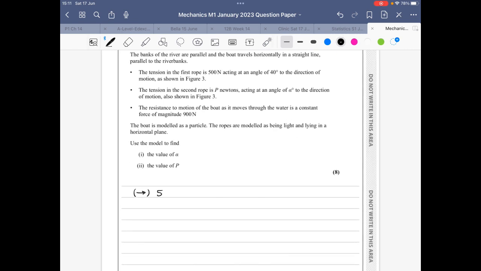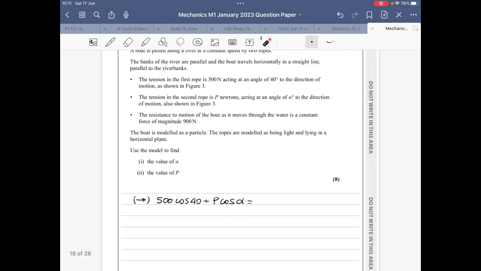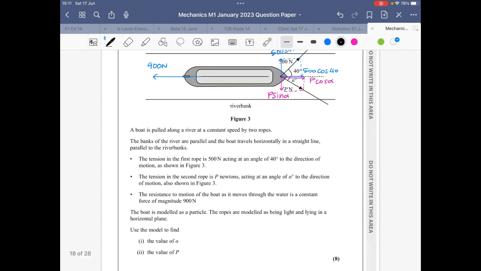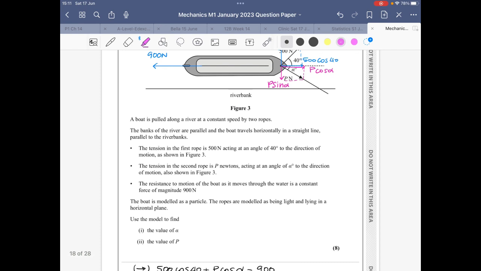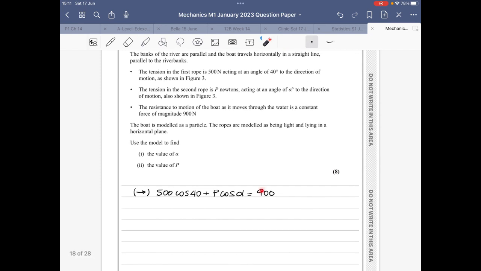So I have 500 cos 40 plus P cos alpha is going to be equal to my force pointing left, which is the 900 newtons of resistance. And this is because I don't have acceleration in that direction. It's constant velocity. It says here, constant speed. If not, the difference between these ones will be equal mass times acceleration. Yeah, but acceleration is 0.